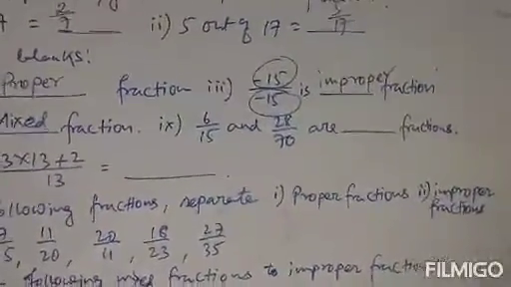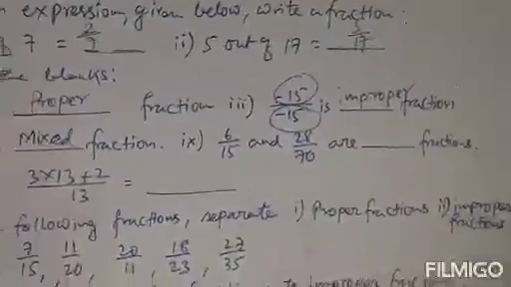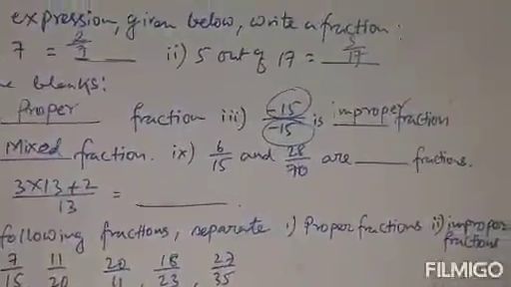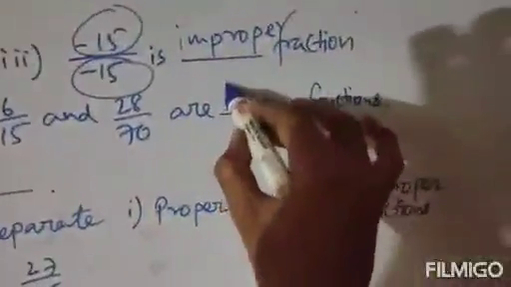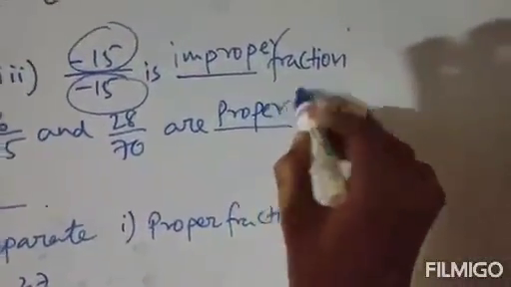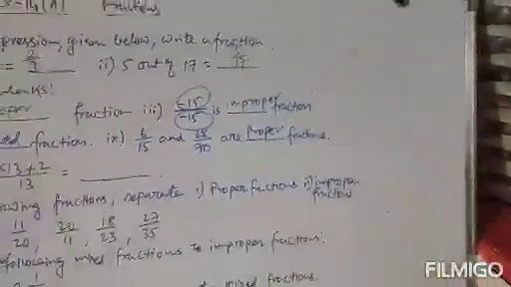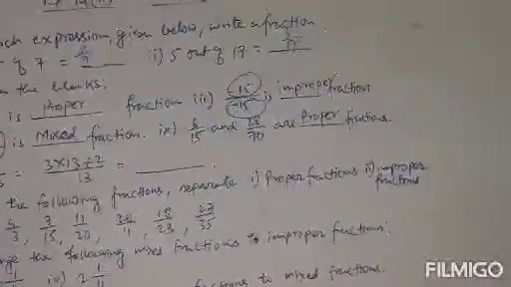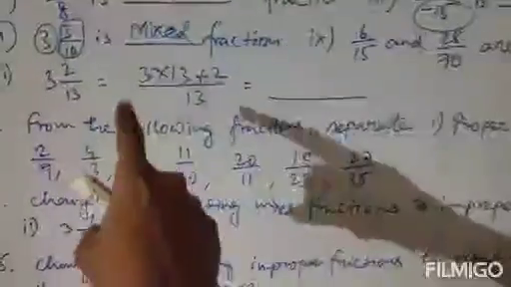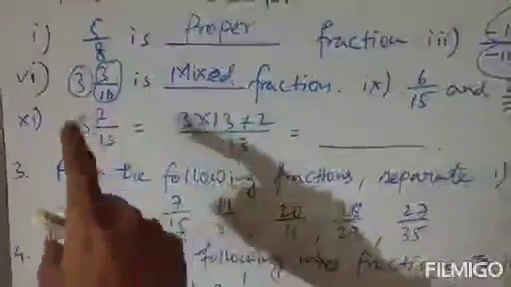Also here numerator is less than denominator. So in both these fractions, numerator is less than denominator. That means these are proper fractions. By the definition of proper fraction, we can easily say that these two fractions are proper fractions, because in both these cases numerator is less than denominator. Clear?